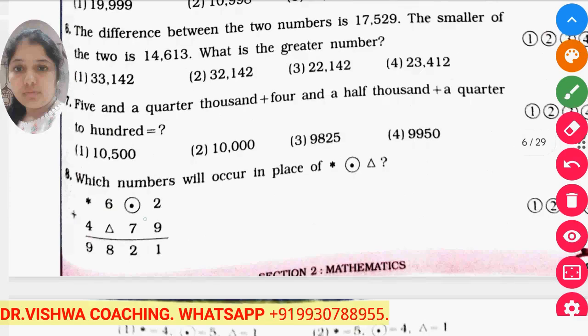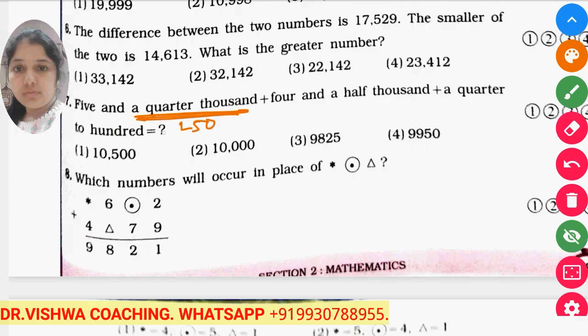5 and quarter thousand plus 4 and half thousand and a quarter to 100. Now see, 5 and quarter thousand. You must know what is the value of quarter thousand. So quarter thousand's value is 250.